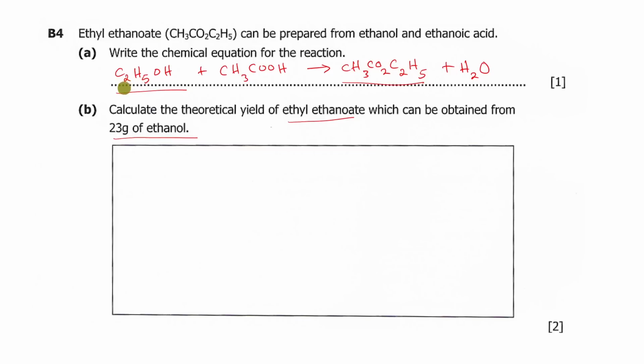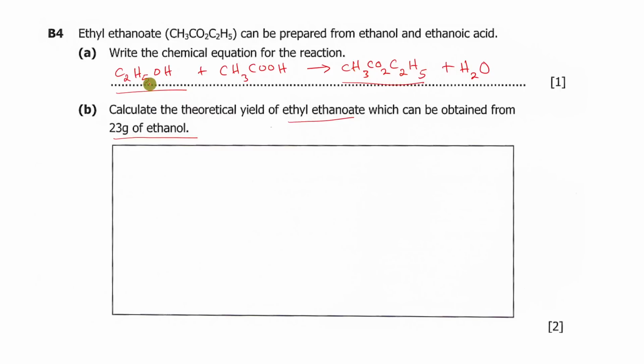Carbon will have 2, 3, 4 here, and on the other side 1, 2, 3, 4. So they are balanced, 4 carbon.